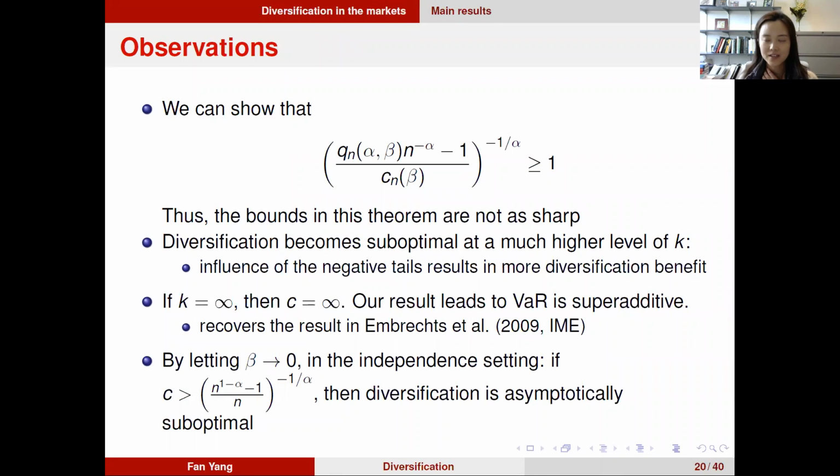And this is because for real-valued random variables, the negative part compensates the positive huge losses. So that makes a diversification. This will actually result in more diversification benefit.